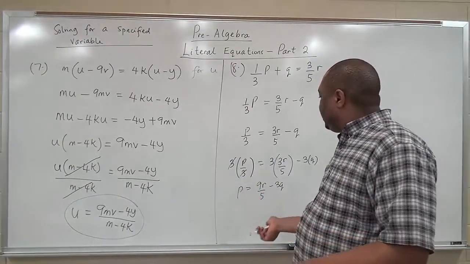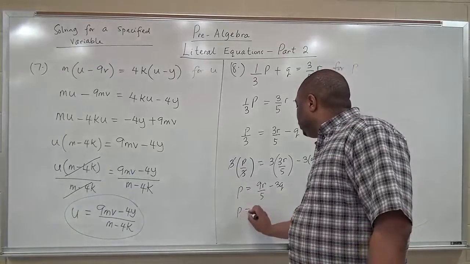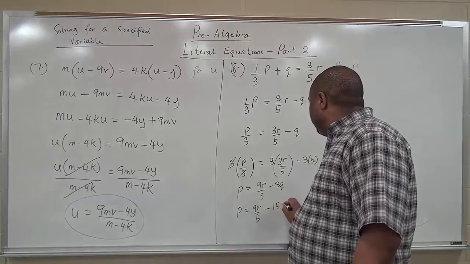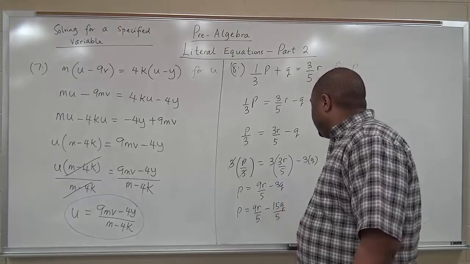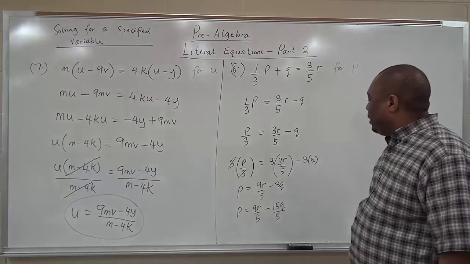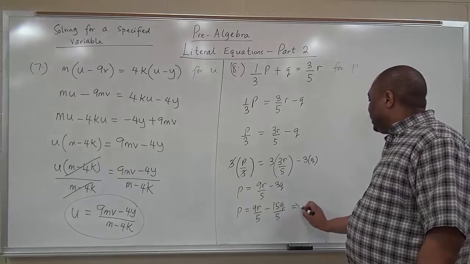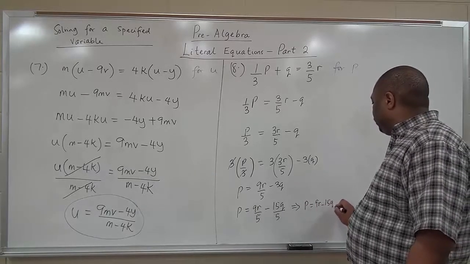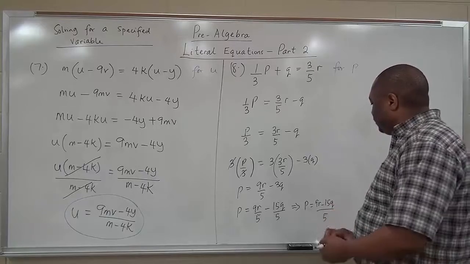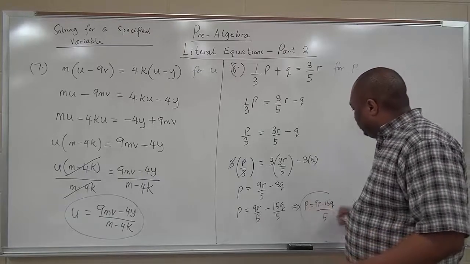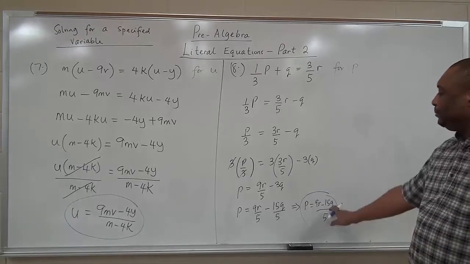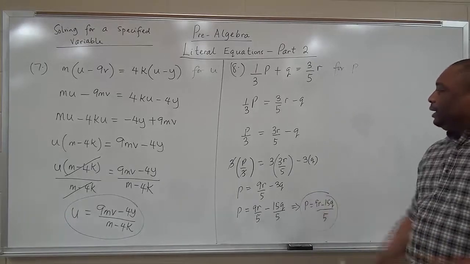But if you want to finish it, you can say p equal to 9r over 5 minus 15q over 5. This implies that p equal to 9r minus 15q over 5. This becomes your answer. This is the more acceptable answer.